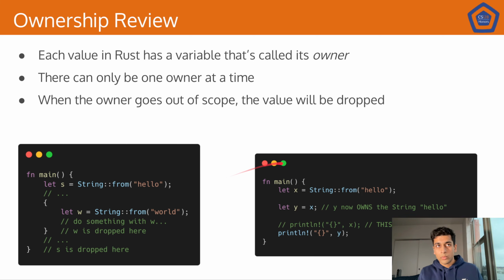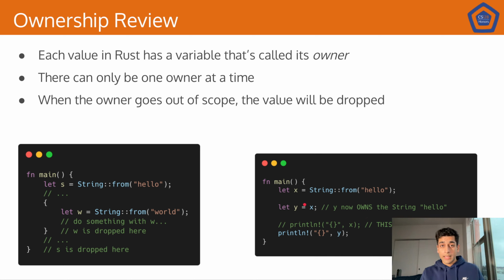And so we said that variables or data can only have one owner. So what happens if we try this sneaky little statement here? We have x owns this string hello. And like in many other languages, you can say just let y equals x. But there's a little bit more nuance in Rust. This line will compile, but the following line, the print line, will not compile. You cannot have 2 owners of one piece of data.